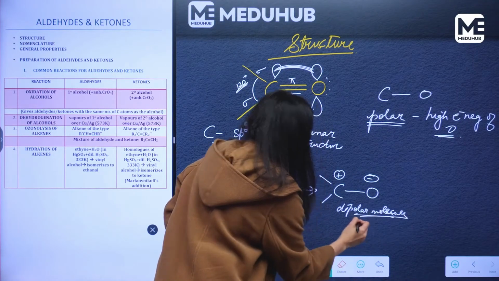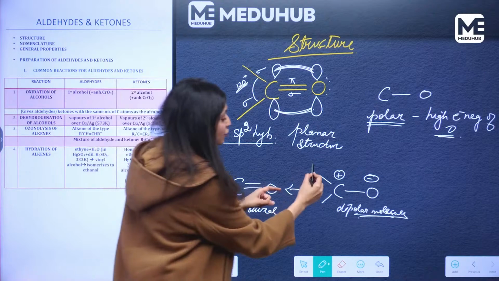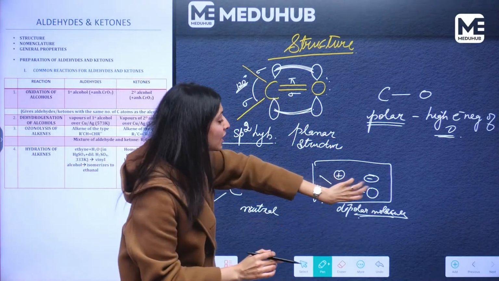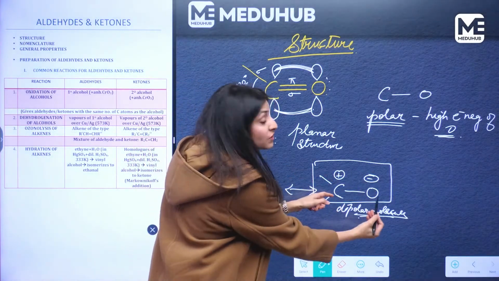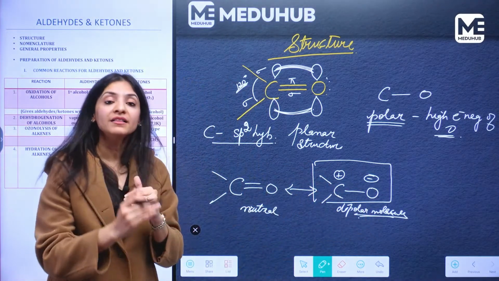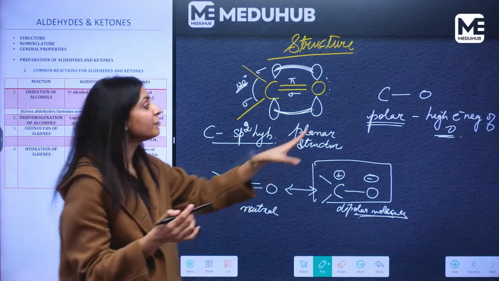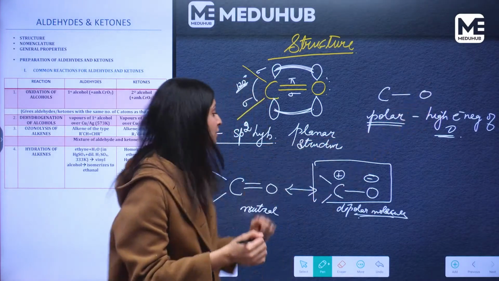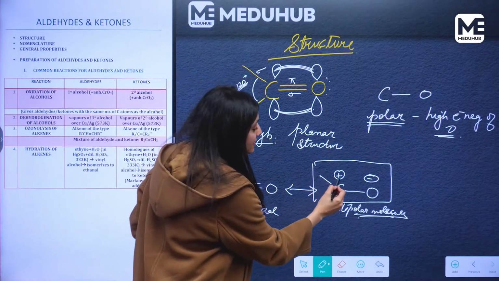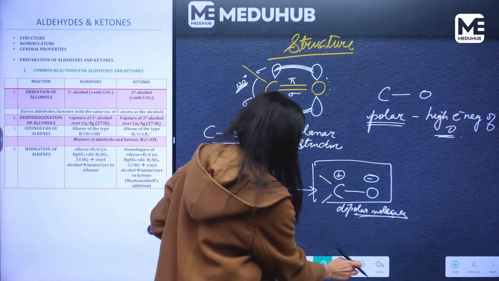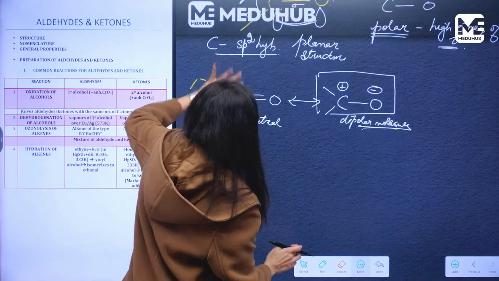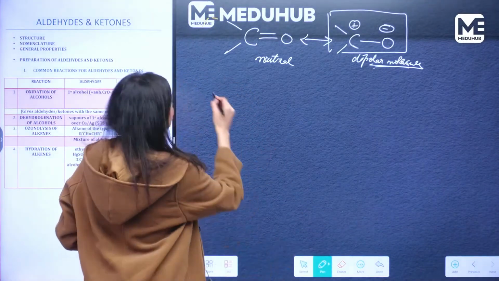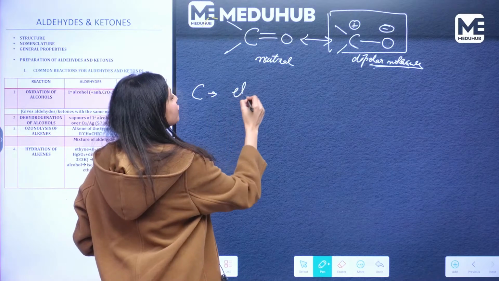It is due to the contribution of this dipolar resonating structure that the dipole moment of the carbonyl carbon with this oxygen atom is much higher than a value that would be predicted only by taking into account the minus I effect of this oxygen atom. Okay, so now that this carbon has a positive charge, it means that this carbon would be an electrophilic center.